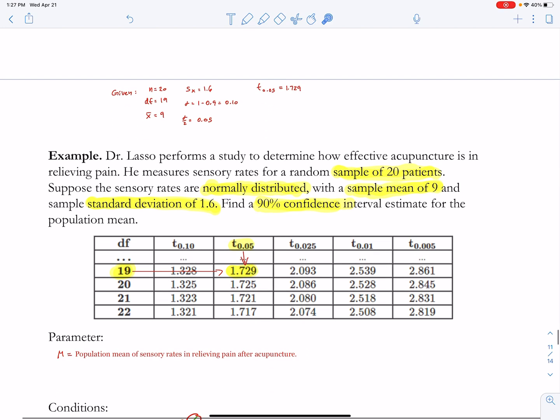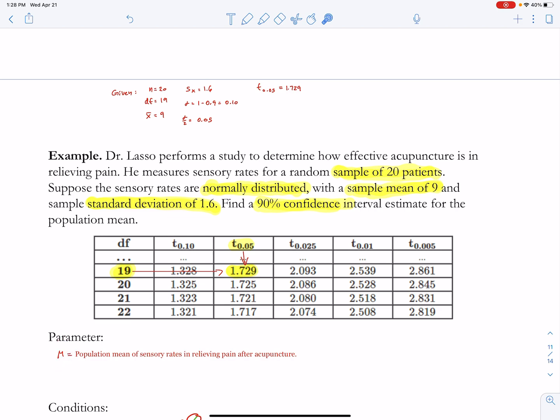So my parameter here is population mean of sensory rates in relieving pain of acupuncture. Now, the way that you write it is going to be dependent per student because each student might have their own way of writing this out. But for the most part, you're going to want to have something very similar to what I have written here. And again, this can be found with what is being provided in here because we want to find mu.